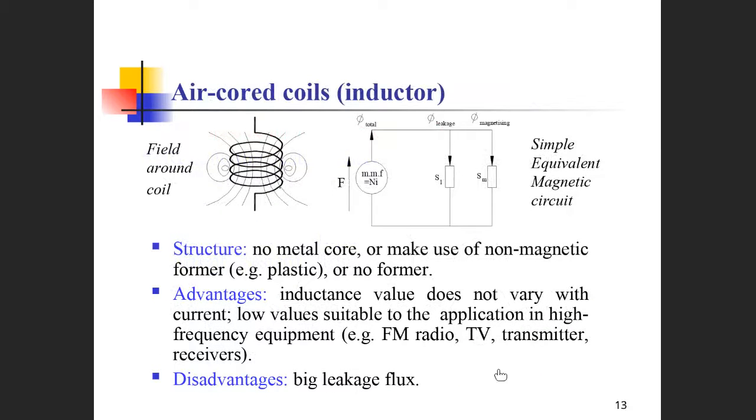Now we go ahead to learn how to draw a magnetic circuit using the concepts of the magnetomotive force F, the flux phi, and the reluctance S. We use one simple coil to show you how to draw the magnetic circuit.